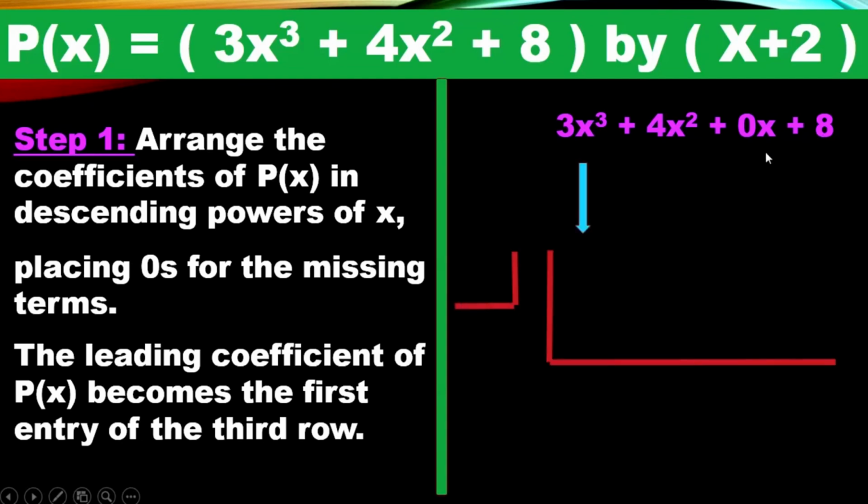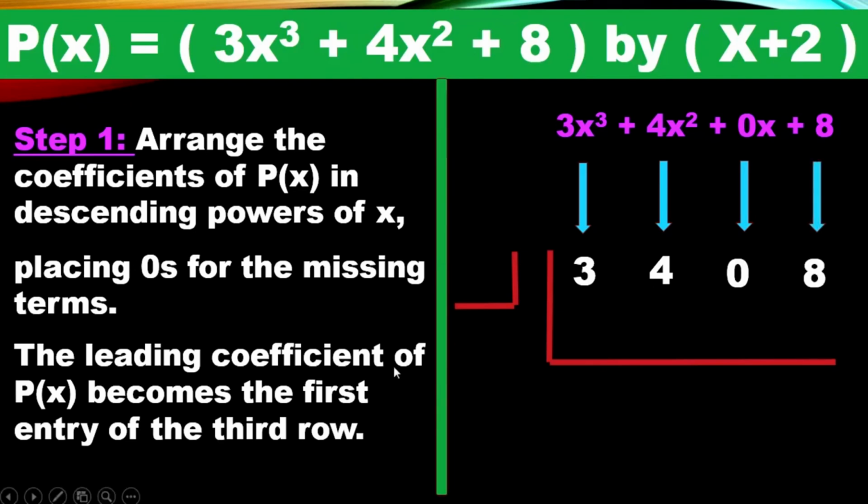Then next, we will write the numerical coefficients of the polynomial. We have 3x cubed, the coefficient is 3. 4x squared, the coefficient is 4. Next, we have 0x, so we have 0. And then, we have the constant 8.